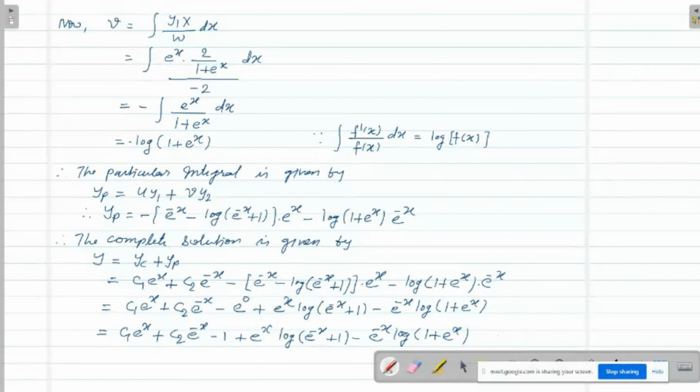Okay, this is your required general solution, or complete solution, of the given differential equation by the method of variation of parameters. I hope you understood this method. Have you understood this? Yes, sir. Very simple. So let us go to the next page.